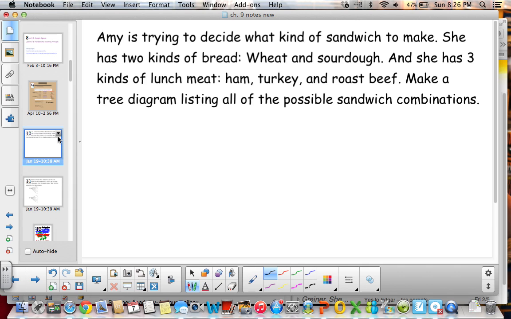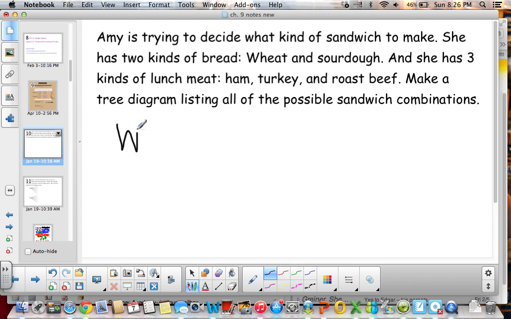Amy is trying to decide what kind of sandwich to make. She has 2 kinds of bread, wheat and sourdough, and she has 3 kinds of lunch meat, ham, turkey, and roast beef. Make a tree diagram listing all of the possible sandwich combinations. So I want you to pause me right now and create a tree diagram for this situation.